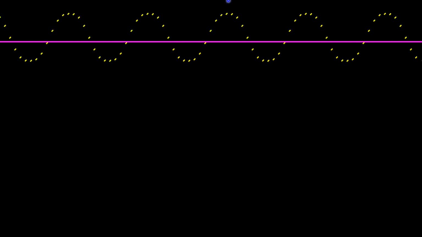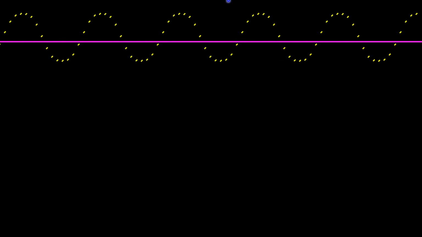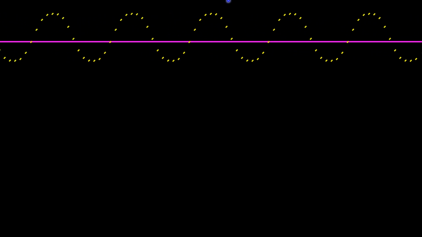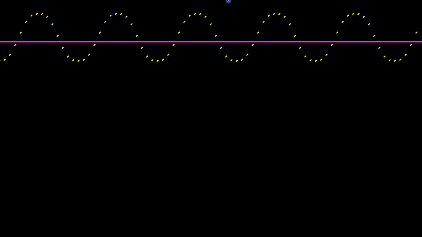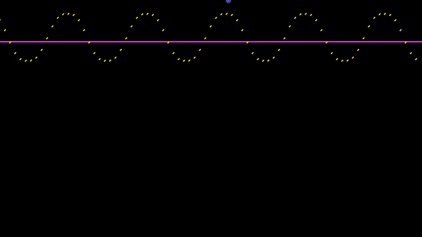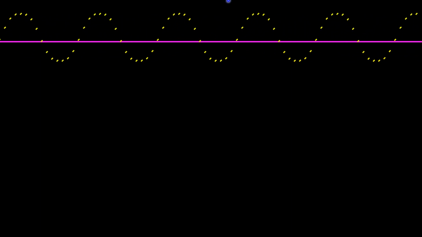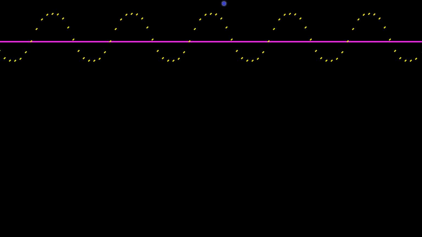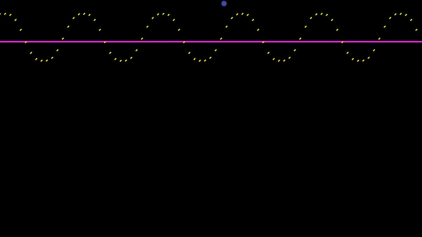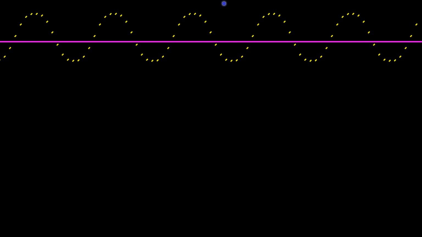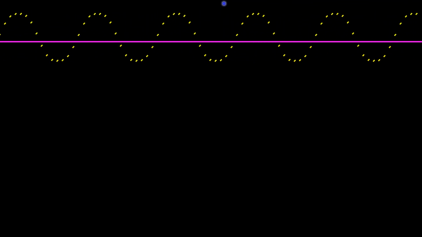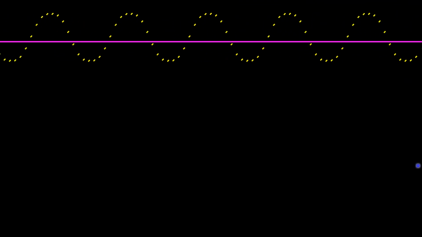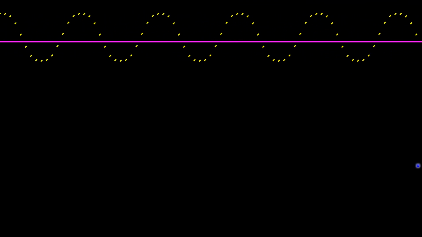So how many wavelengths are crossing at this point in 1 second? That is called the frequency of the waves. If 10 waves are crossing in 1 second, it means that the frequency of the waves is 10 hertz. Frequency is measured in hertz, Hz.